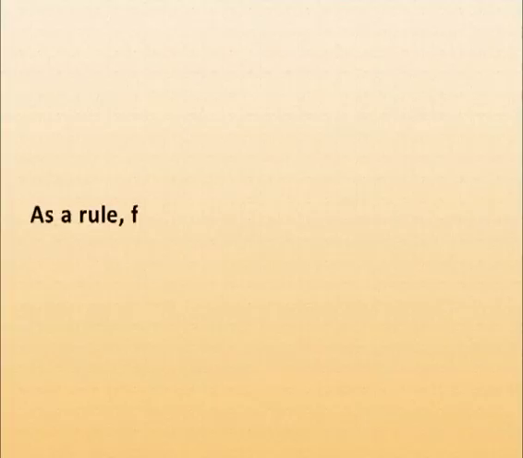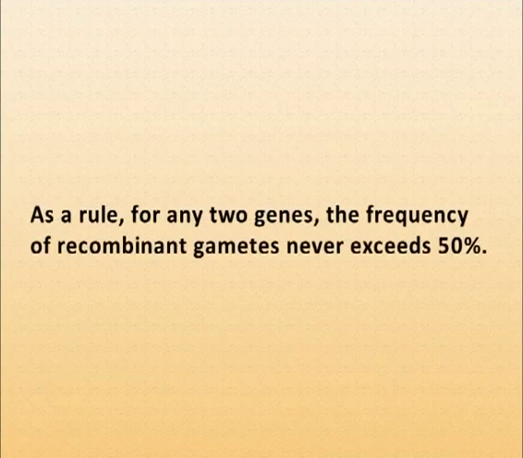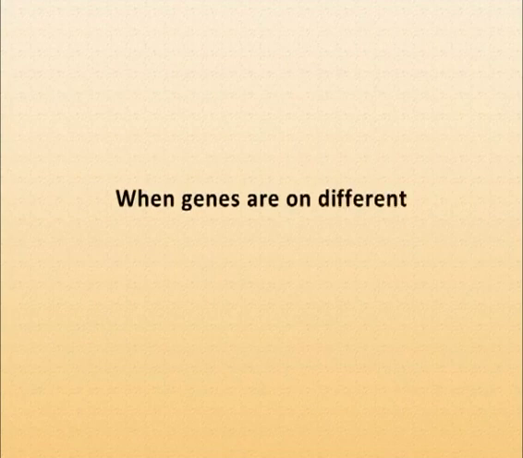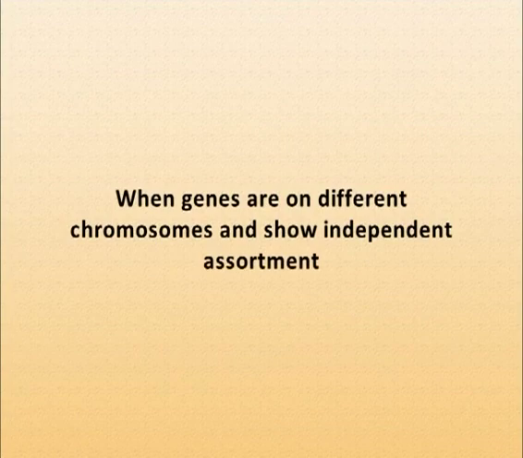Similarly, the lower the recombination frequency, the more strongly the two genes are linked, because the chances of crossing over are less. As a rule, for any two genes, the frequency of recombinant gametes never exceeds 50%. This upper limit is reached when genes are very far apart on the chromosome. It is also reached when genes are on different chromosomes and show independent assortment.